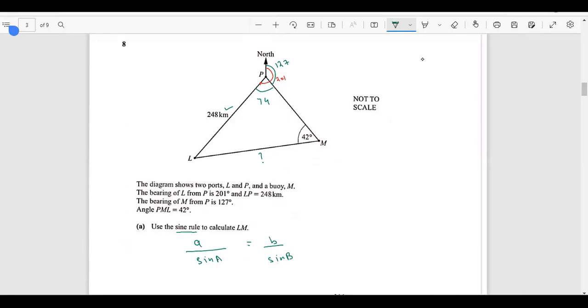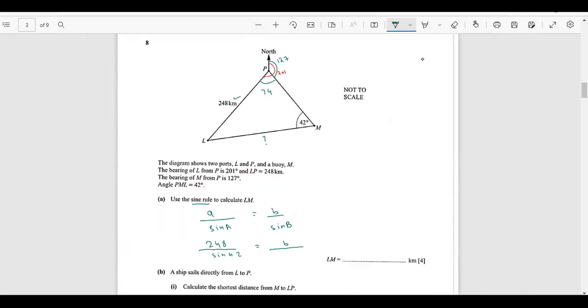So A is 248 divided by sine 42 equals B, which is yet to be calculated, over sine 74. Now we will simplify this. We will make B the subject. So this would turn out to be 356, and this is going to be the side LM.